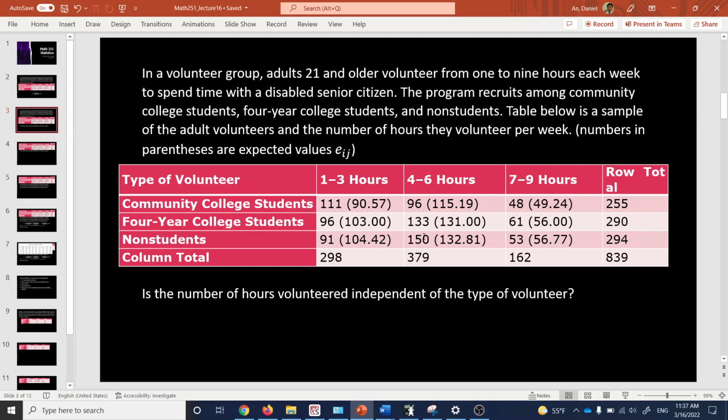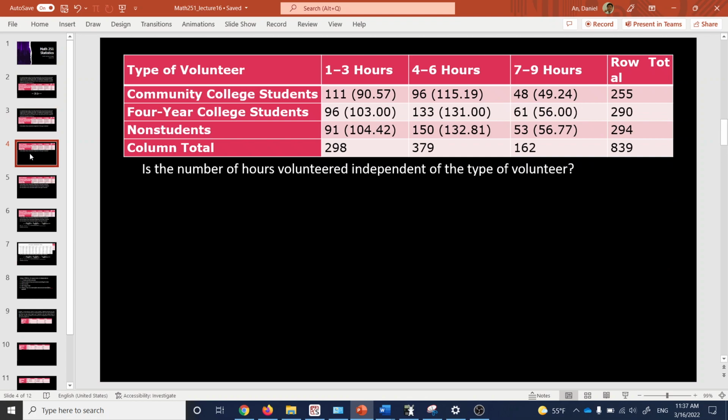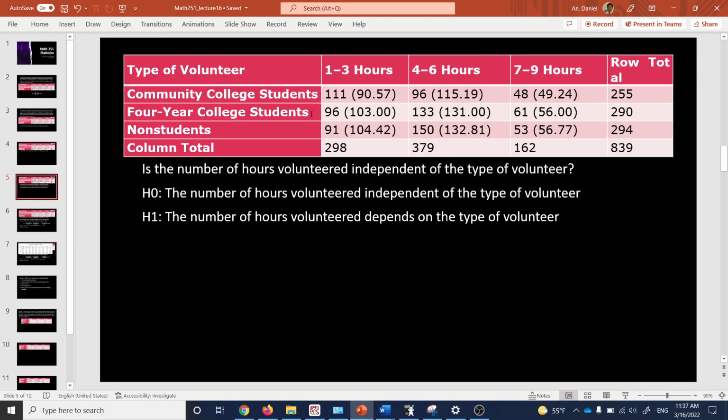But in order to address whether this is really statistically significant, you have to use the chi-square test. And the way you do it is by first taking the differences. Oh, no. I should start with the null hypothesis and alternative hypothesis first.